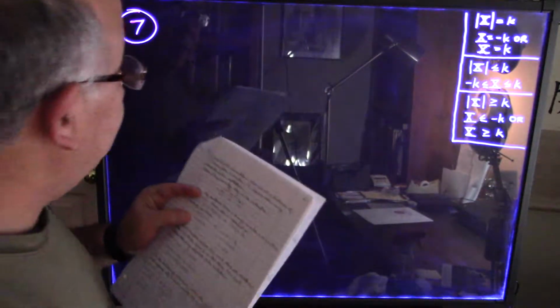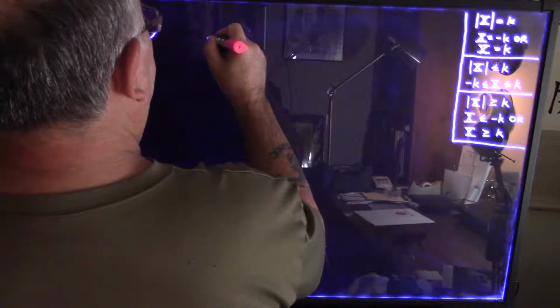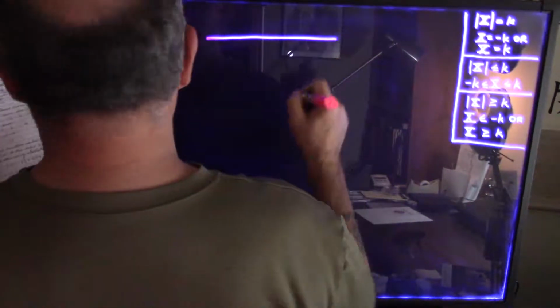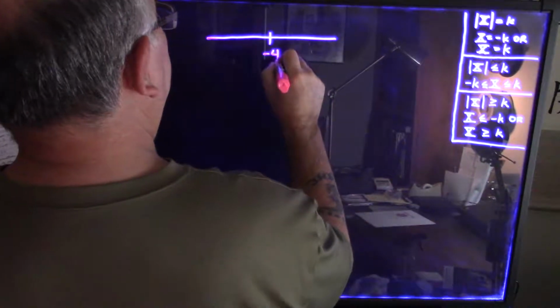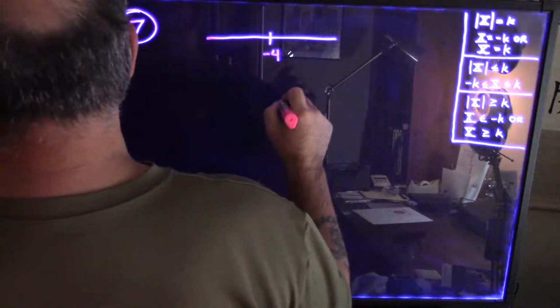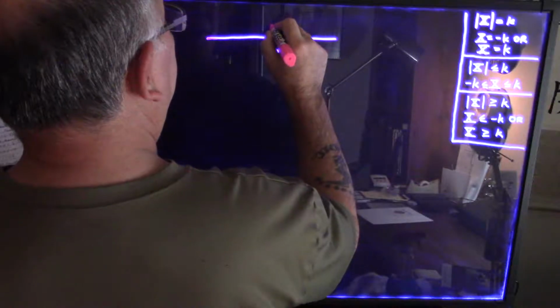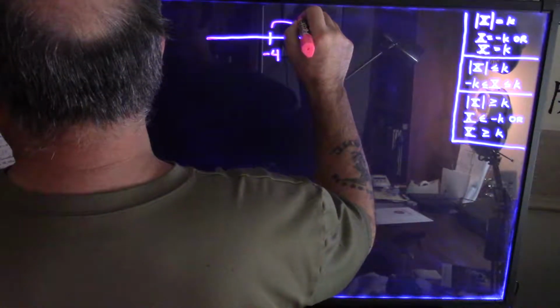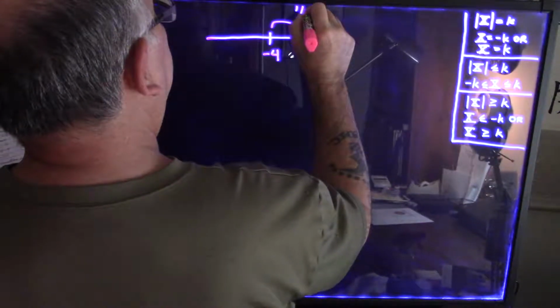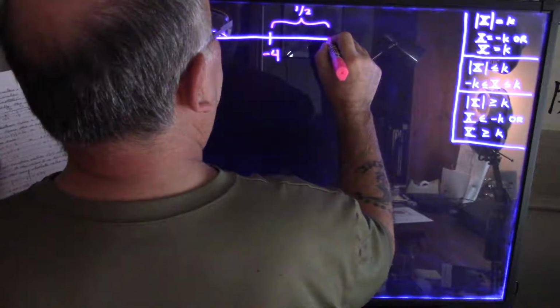Okay, so drawn on a number line, it looks like this. There's -4, and we want to go a distance of 1/2. Let's say that's 1/2 unit away.